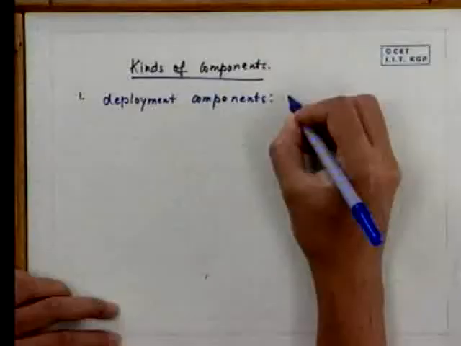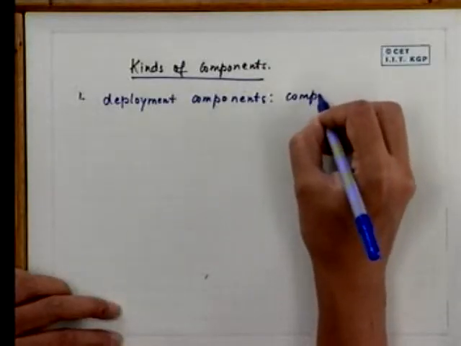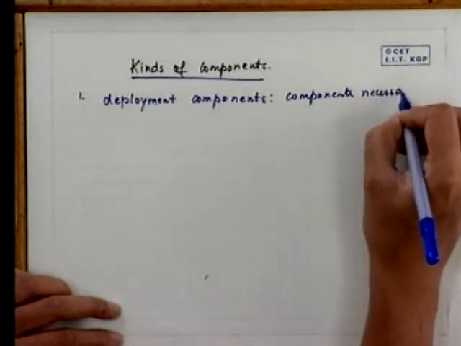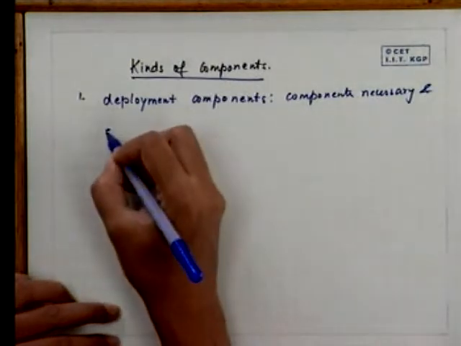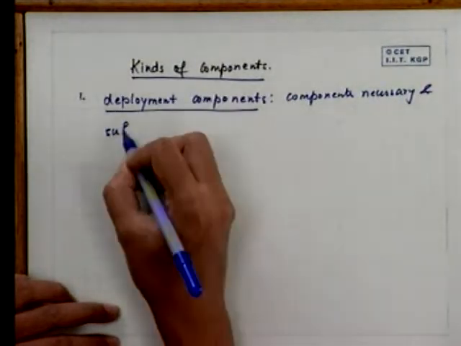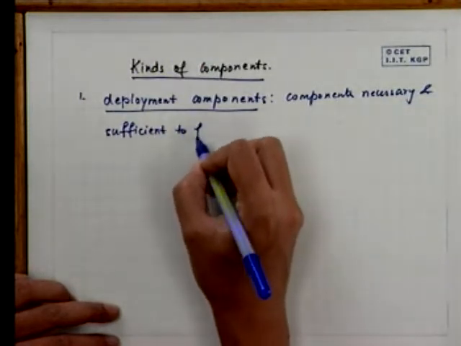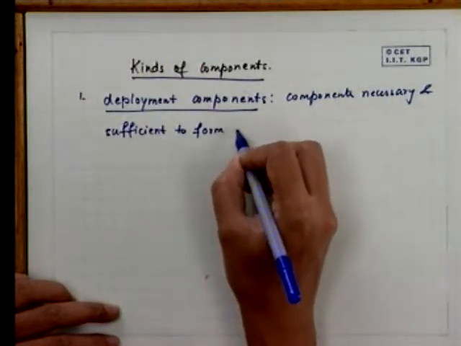Deployment components are the components which are necessary and sufficient to form an executable system, and they consist of the libraries and the executable files.